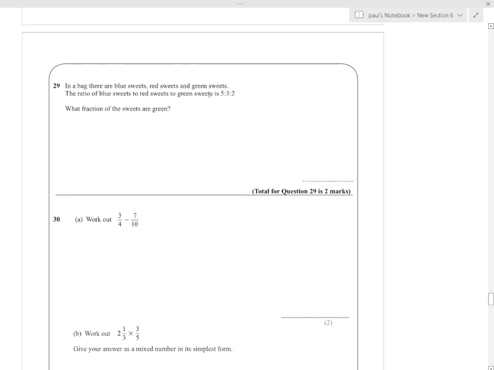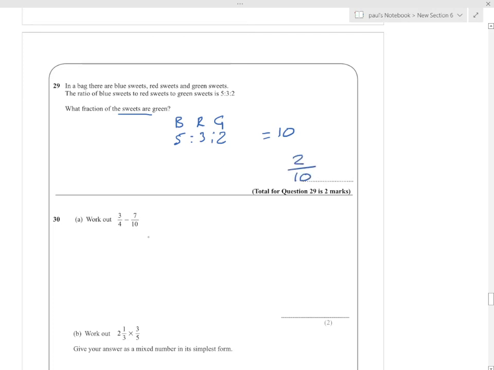In a bag, there are blue sweets, red sweets, green sweets. The ratio of blue, red, green is 5, 3, 2. That makes 10 altogether. What fraction are green? So we've got 2 out of 10.